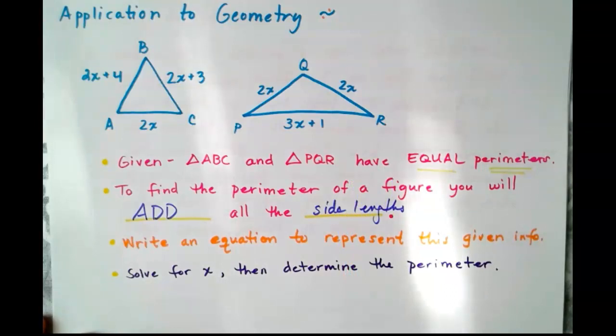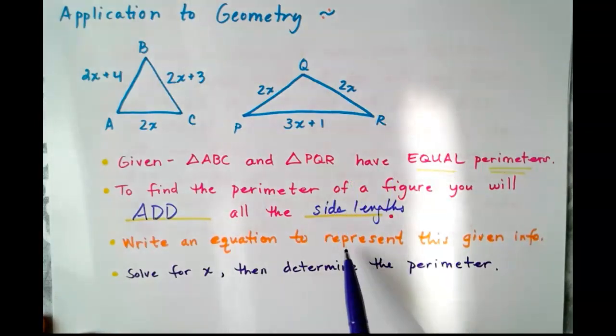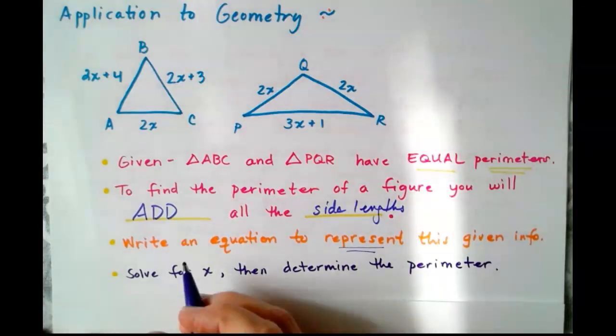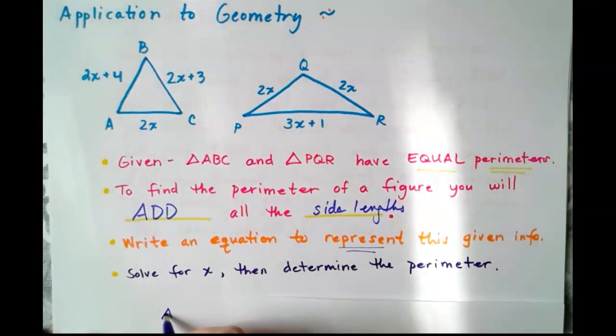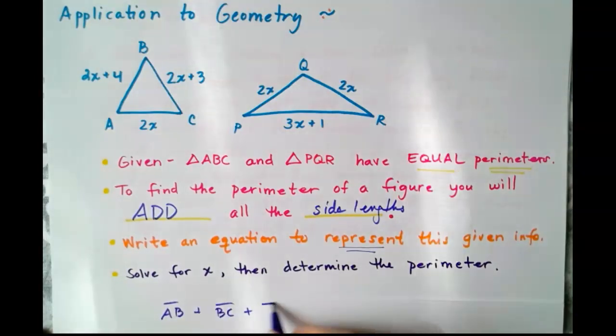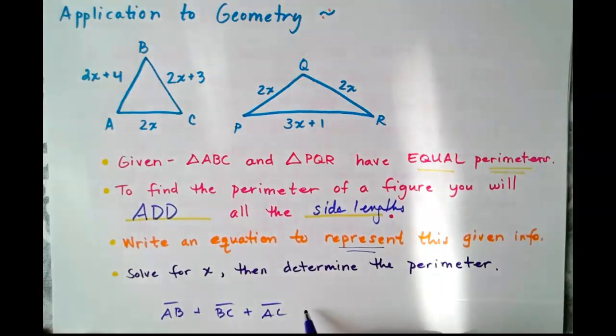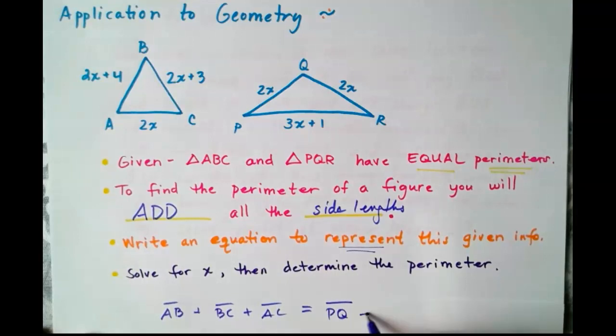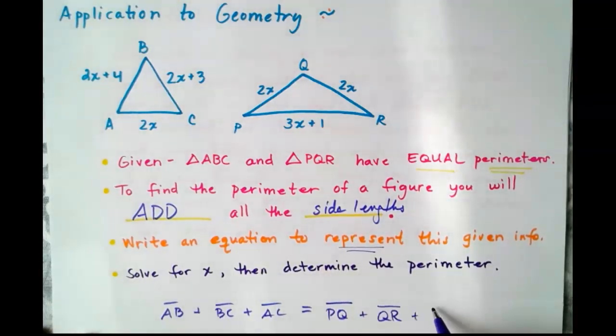So we're going to need to write an equation that represents this given information. So let's start with side AB plus side BC plus side AC is equal to side PQ plus side QR plus side PR. So we're adding all the sides together.